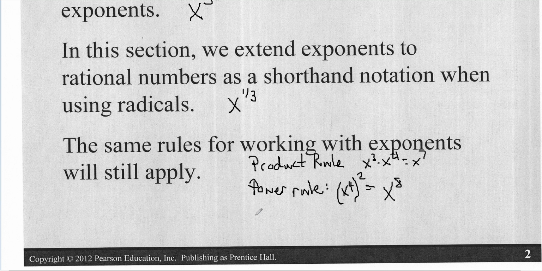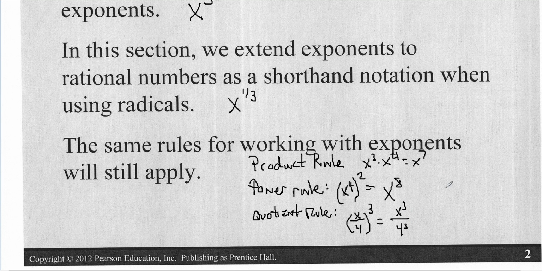We also had the quotient rule. I guess I'll write the word rule here. And that works as what? x over y in parentheses raised to the 3rd power would be x to the 3rd over y to the 3rd, using the quotient rule.